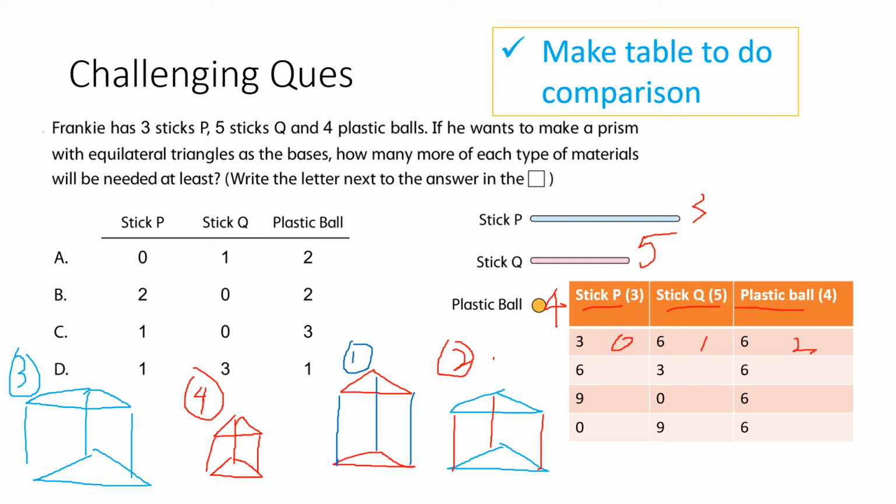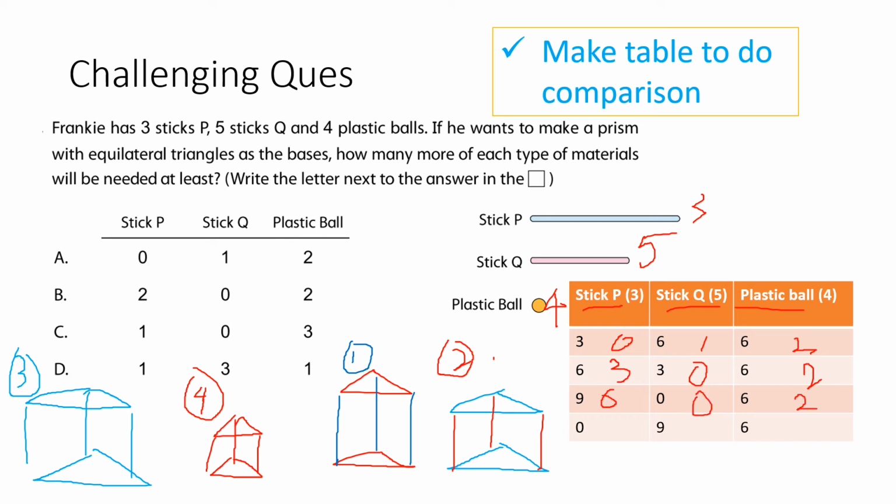Then for case 2, I need to add 3 more P, no Q, and 2 plastic balls. And then for case 3, I need to add 6 P, no Q, and 2.